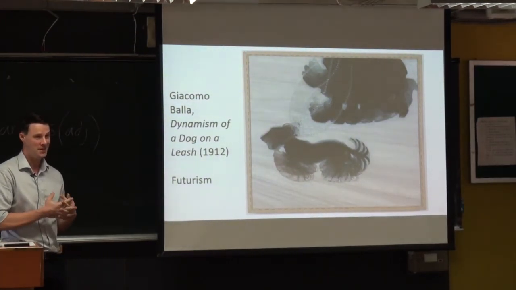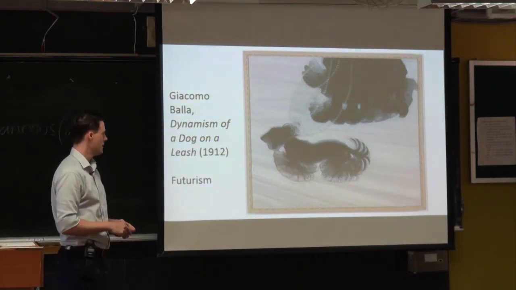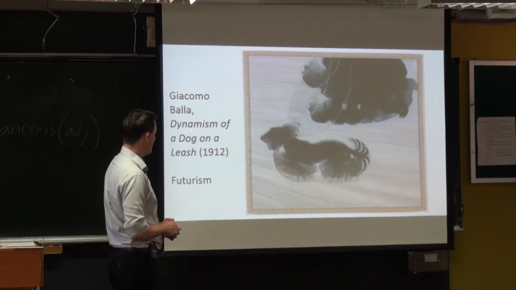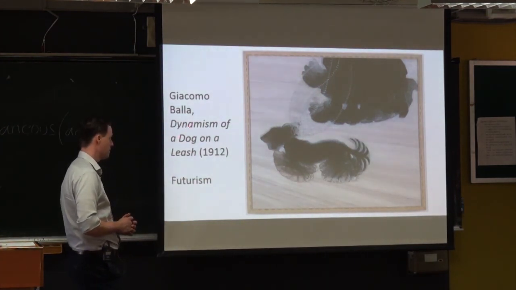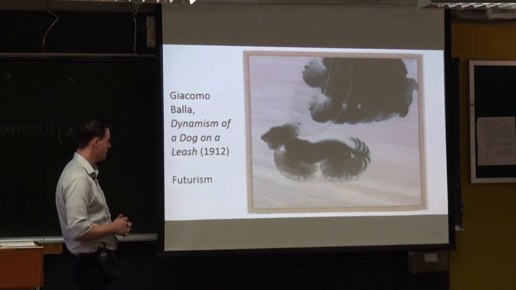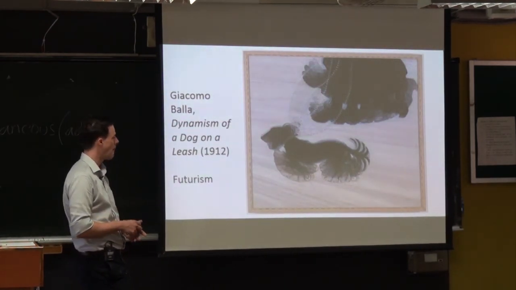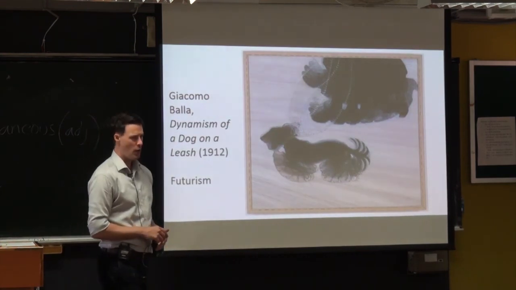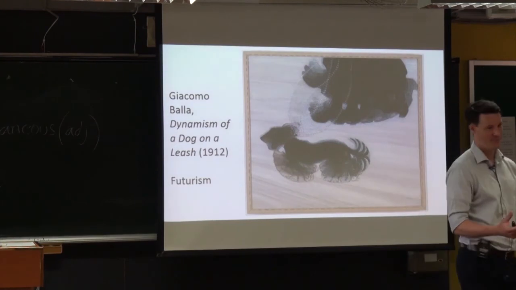Same time period, 1912. Dynamism of a dog on a leash. Okay. Dynamism of a dog on a leash. Dynamism means movement. Okay, movement. Why is this one not cubism, do you think?